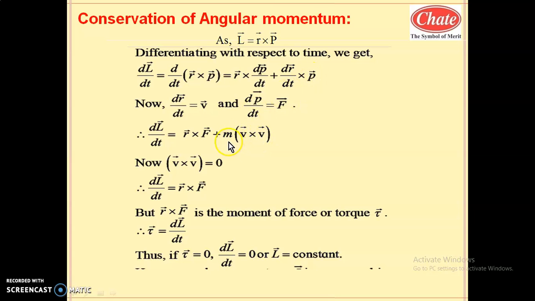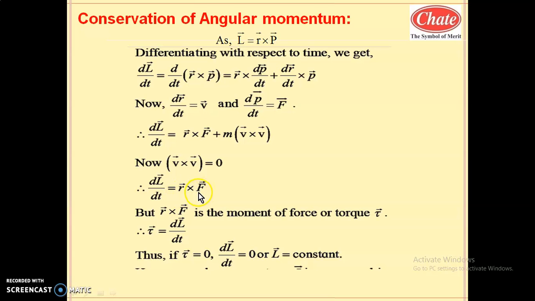The self cross product of a vector is 0 because it is the product of the magnitudes of the two vectors and the sine of the angle between them. The angle between v and v, meaning itself, is 0 and sin 0 is 0. So this product is 0. Hence only the term r cross F remains. As v cross v is 0, dL by dt equal to vector r cross vector F.